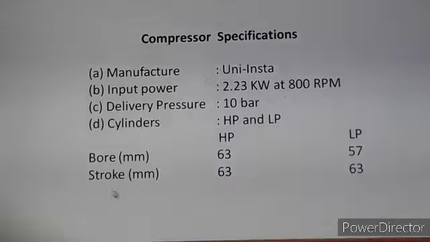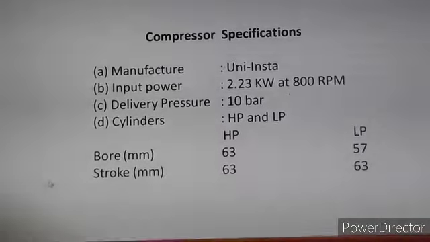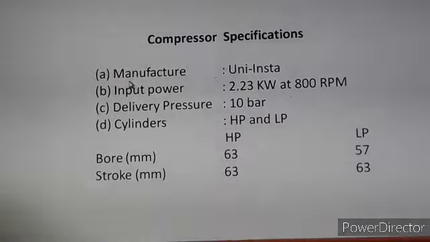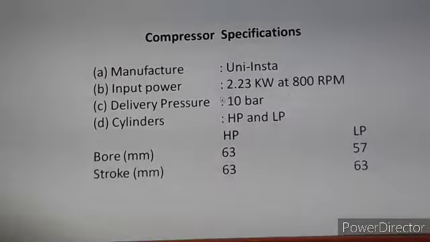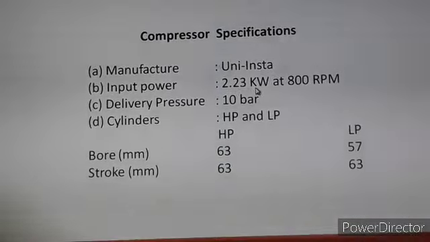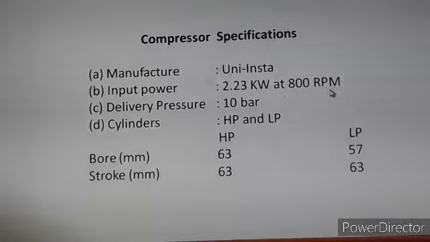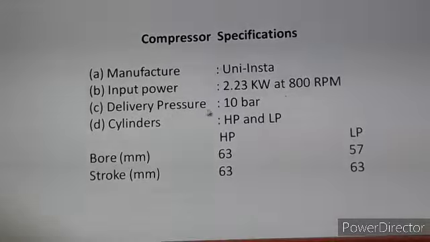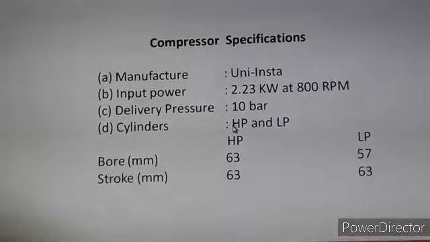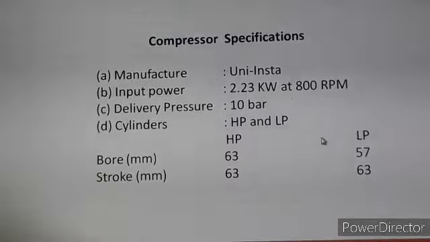So the compressor on which we have to conduct the trial has the following specification. The manufacturer is Uniinsta company. The input power for the compressor is 2.23 kilowatt at 800 rpm. Delivery pressure is 10 bar. Again, the specifications of the high pressure cylinder and low pressure cylinder are given.